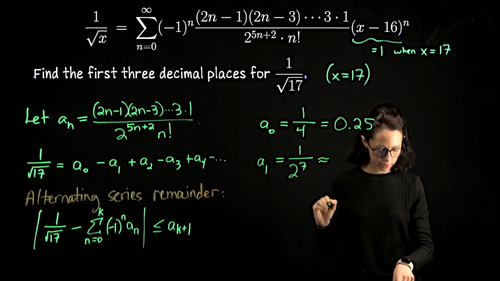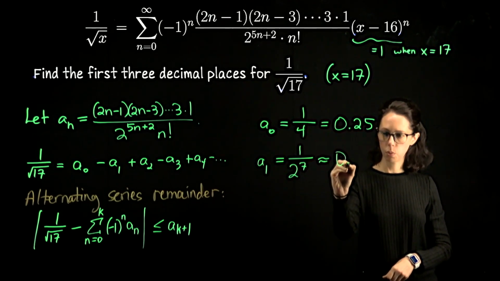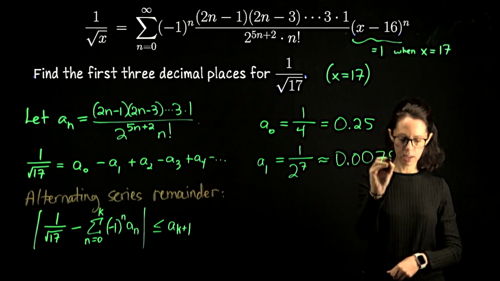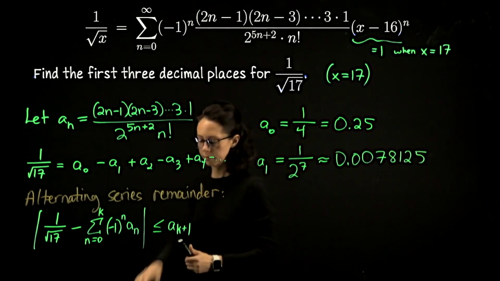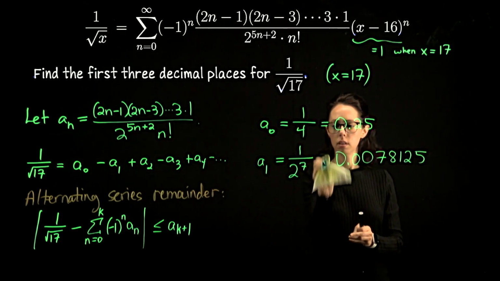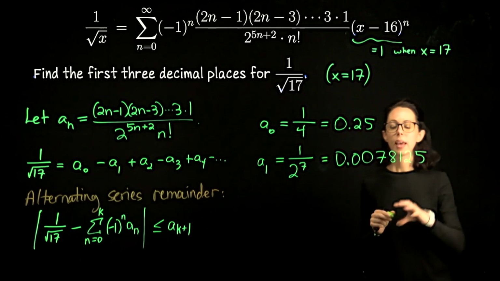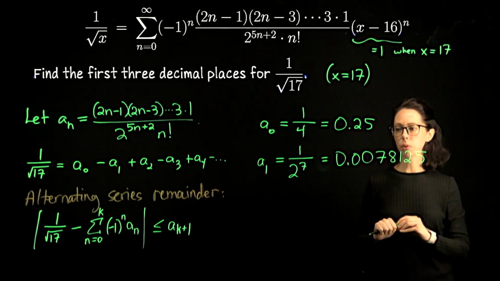And that's approximately, actually, this might be exact, 0.0078125. I think that's probably exact. It's pretty small, but we still have some non-trivial action happening in the first 3 decimals.